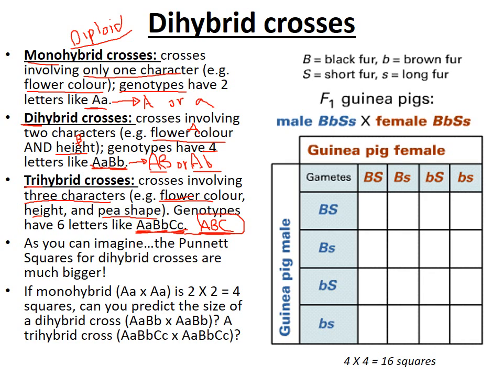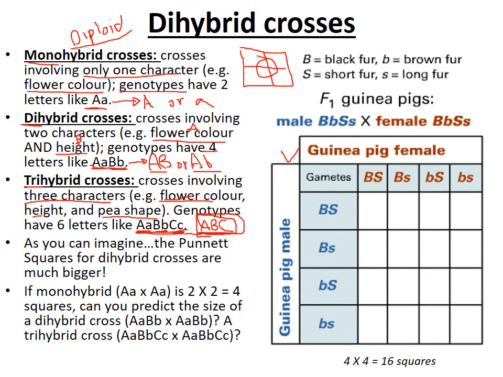Now, if the number of letters gets larger, your number of gamete combinations gets larger, and that means that your Punnett squares also get larger the more characters you add in. So for monohybrid crosses, we had a small Punnett square. It was a 2 by 2 square, meaning we had 4 squares total.